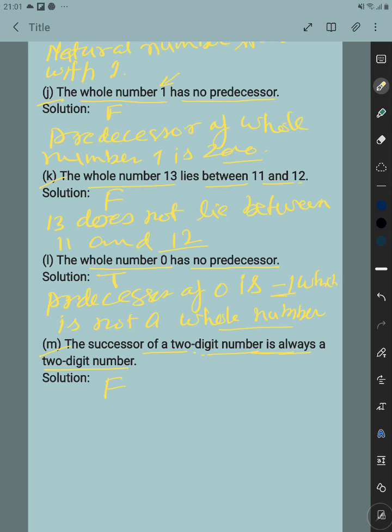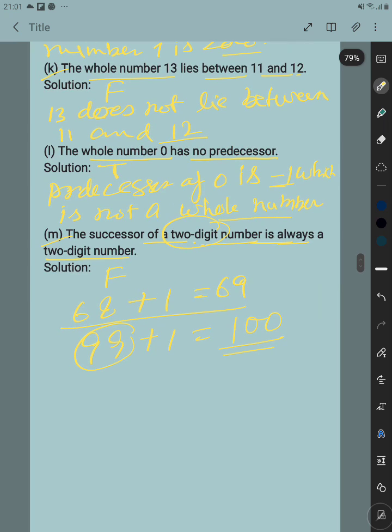For example, take 68. Successor is plus 1, so it is 69. But if you have 99, which is a 2-digit number, its successor is a 3-digit number. Therefore it is false.